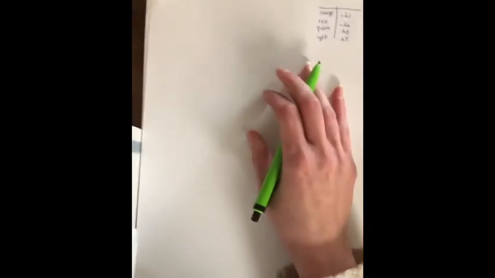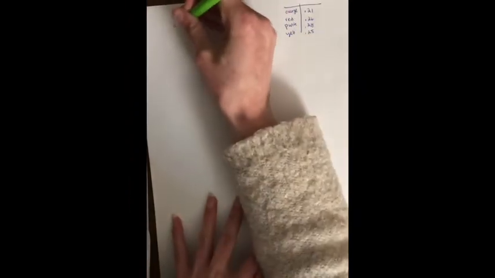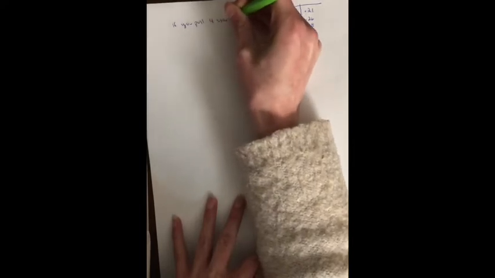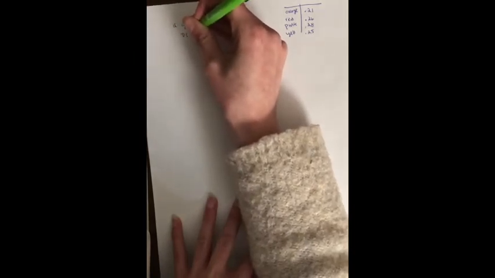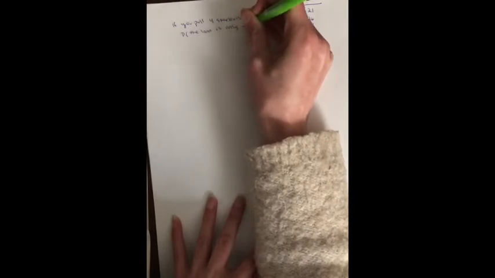And so let's say, what is the probability that if you pull 4 starbursts, the last is the only yellow?